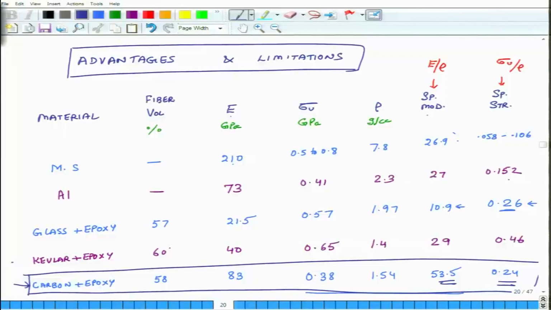They do not use Kevlar to that extent, Kevlar has other important applications, but carbon epoxy composite is really popular in applications where you need to reduce the mass without compromising on stiffness and strength. Okay. So, this is an overview I wanted to give you.